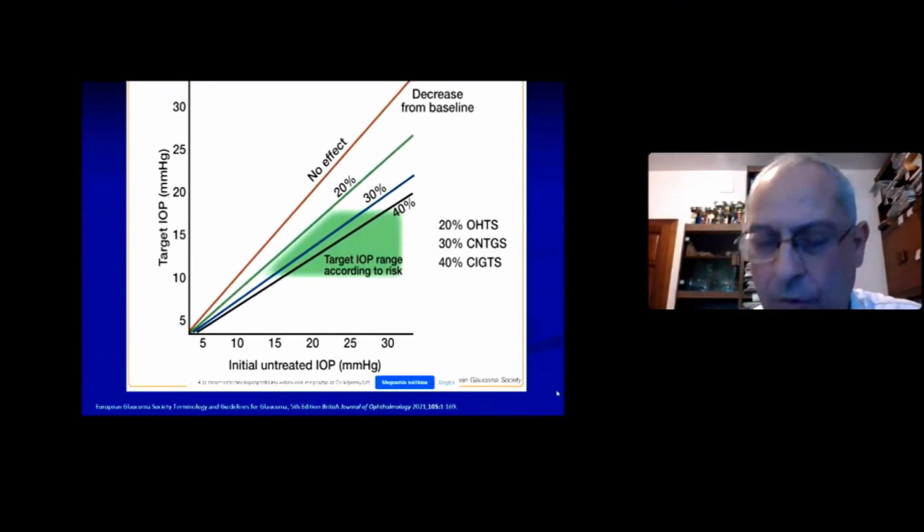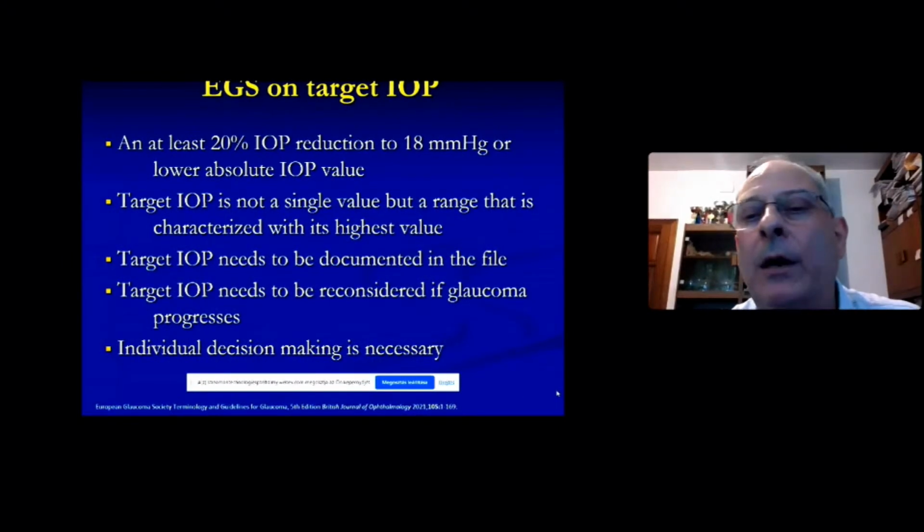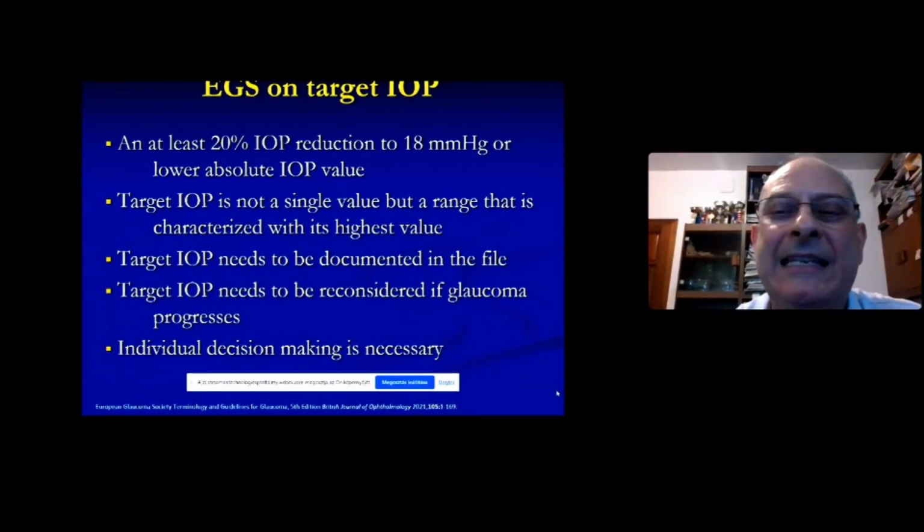This is an American approach, because according to the European Glaucoma Society on target intraocular pressure determination, we use two different approaches at the same time. One is that the pressure reduction achieved with the medication has to be at least 20% compared to the untreated baseline, preferably diurnal average value, but at the same time, it must reach 18 millimeters of mercury or lower as an absolute IOP.